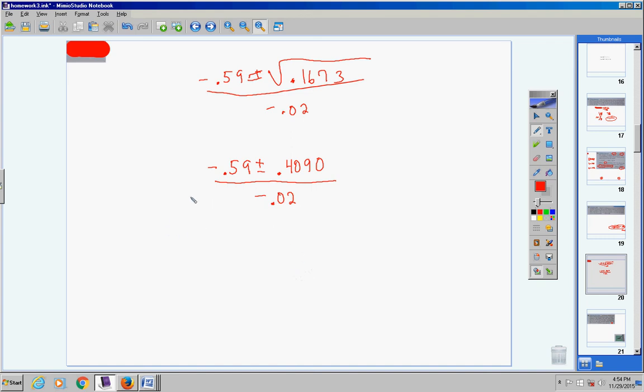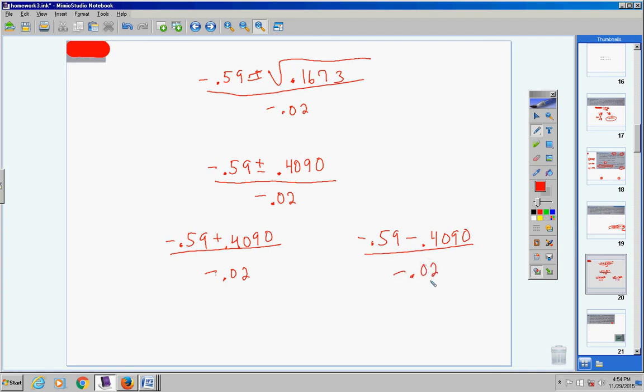So here's what we have. We have negative 0.59 plus 0.4090 all over negative 0.02. And we also have negative 0.59 minus 0.4090 all over negative 0.02.